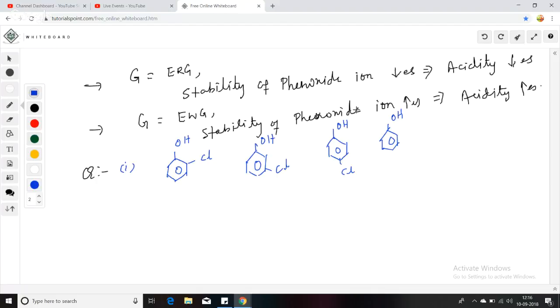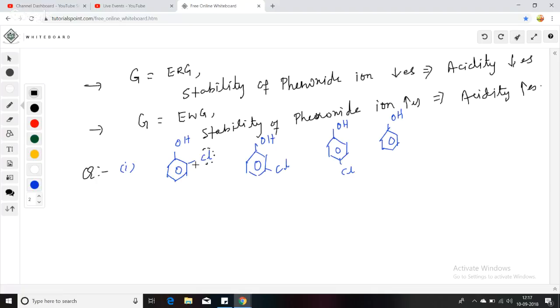Okay, so you see here, chlorine has lone pair of electrons also on it. I'll just write it down in one compound only, and then write it down everywhere.